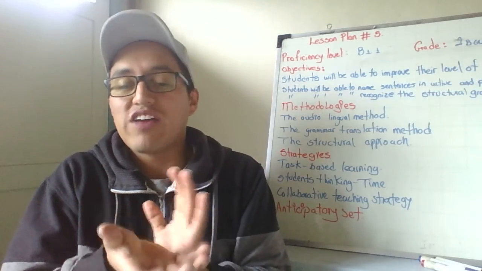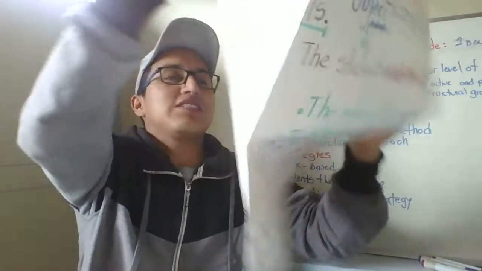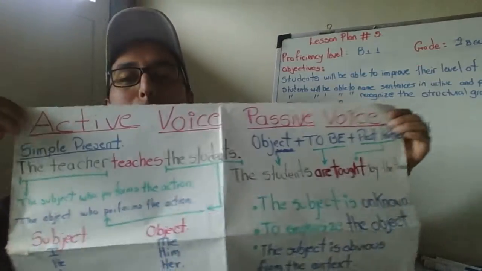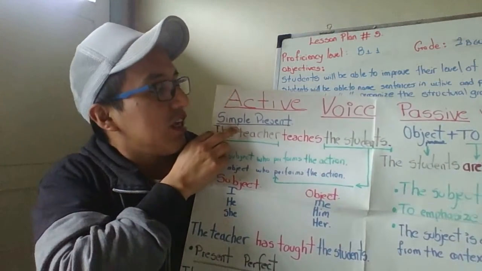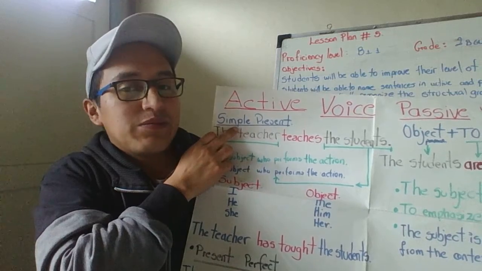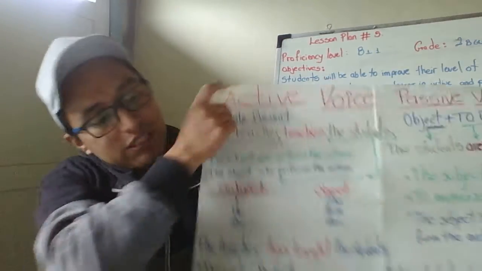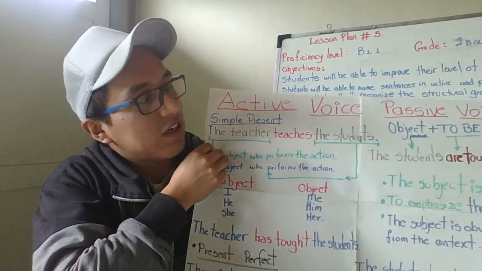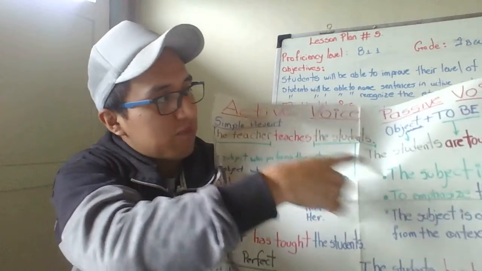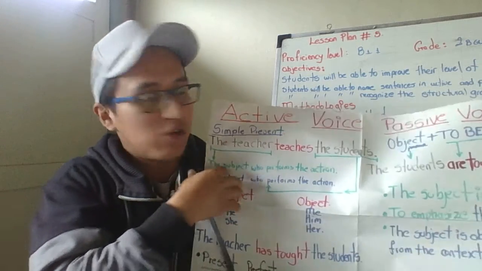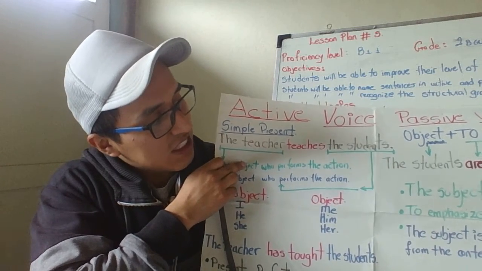In order to provide feedback, I'm gonna show students a poster. Here, as you can see, we have sentences in active voice using the simple present and the present perfect, and we have the passive voice, the same examples, but in passive voice. As you can see, the teacher teaches the students.